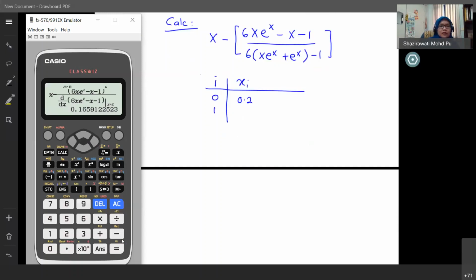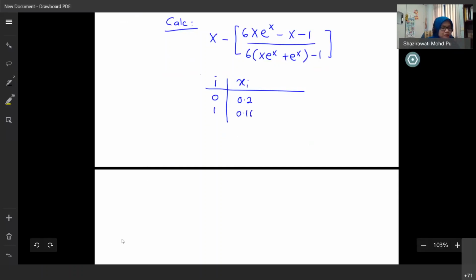Your calculator will give you 0.1659, exactly what we have computed earlier. So 0.1659. Maybe you want to have one more column for the difference between x i and x i minus 1, so you can check the stopping condition. For the first time just now, this is 0.0341.